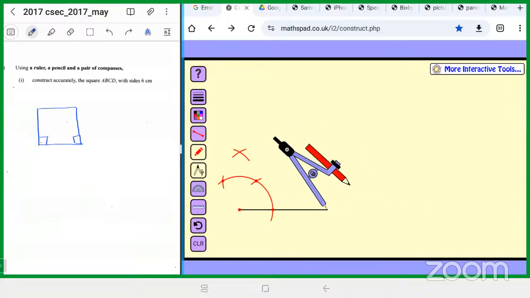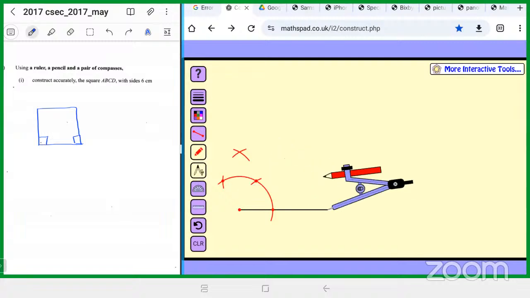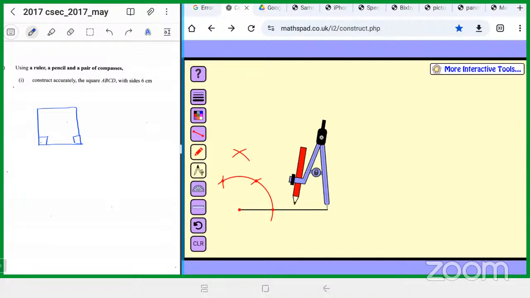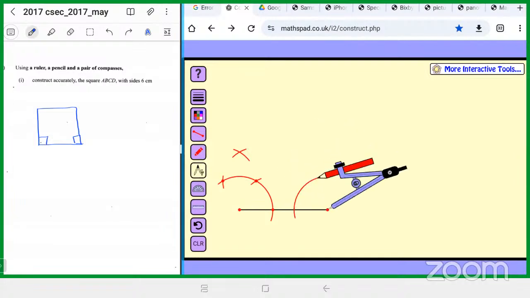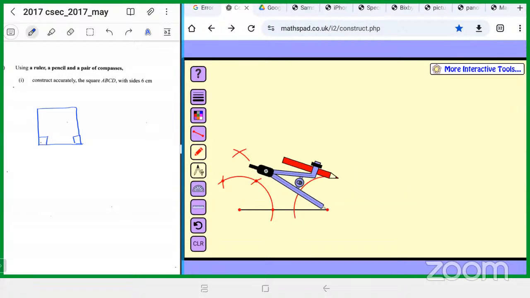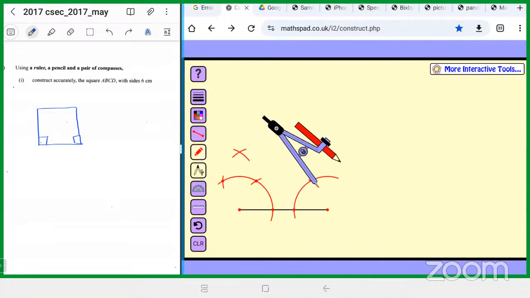I'm going to make a 120-degree arc again, like that. Come to this point, cross that one, come up at this point, right at the intersection.